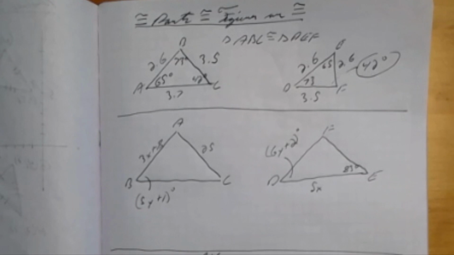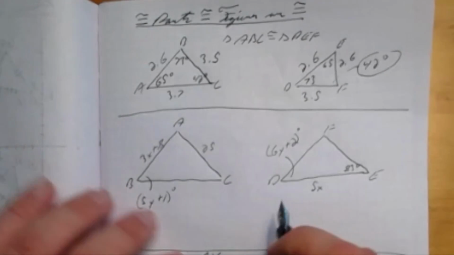Now, if we were to look at the next example and hold the same condition, that triangle ABC is congruent to triangle DEF, what I know is that 180 degrees is the total of the angles.